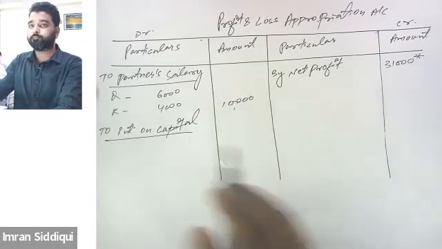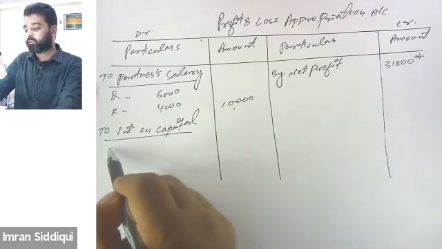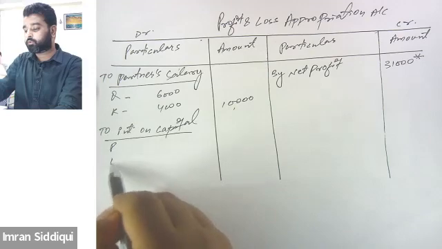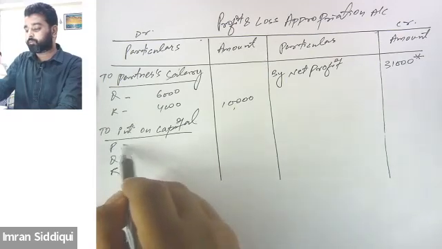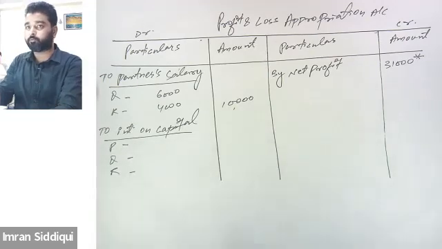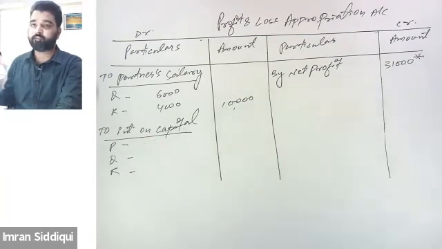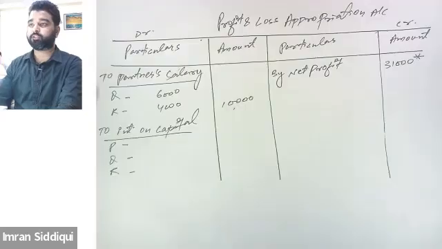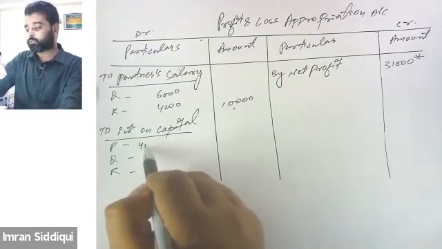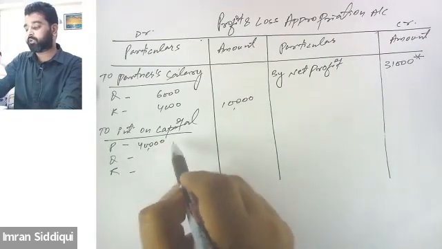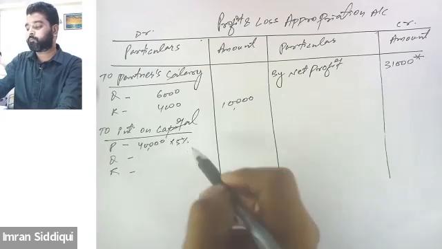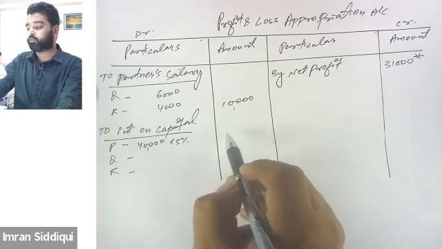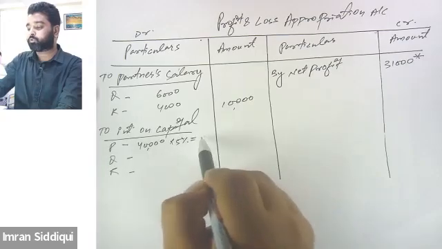We will be paying interest on capital to P's, Q's, and R's contributions. So P's capital account, Q's capital account, and R's capital account. The rate of interest is 5%, and the capital contributed by P is 40,000. So on 40,000, we will calculate interest at 5% per annum. 5% on 40,000 will be 2,000.